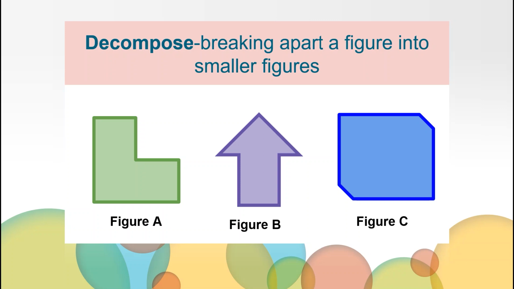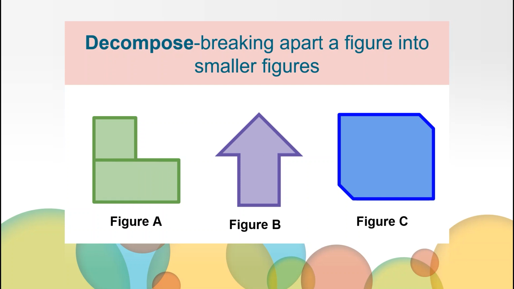You might have decided to draw a vertical line here and break it into a rectangle and a square. Or you might have decided to draw a horizontal line here, which also results in a rectangle and a square.